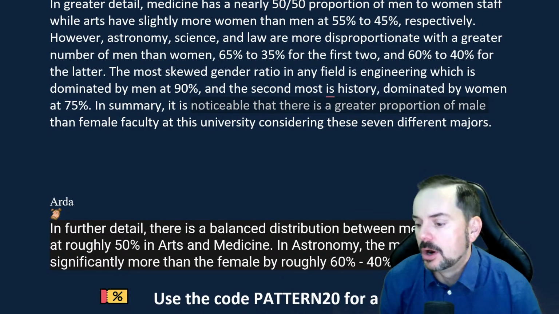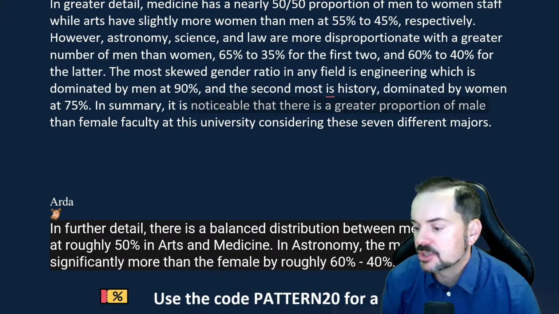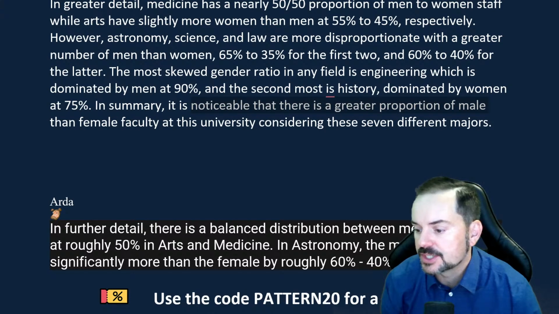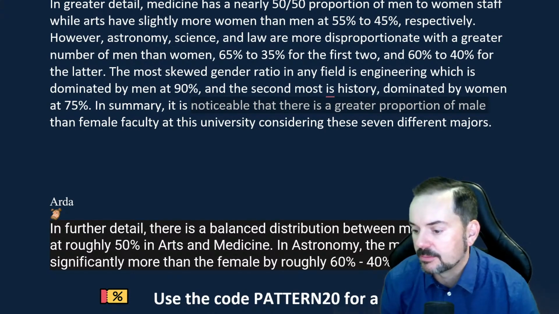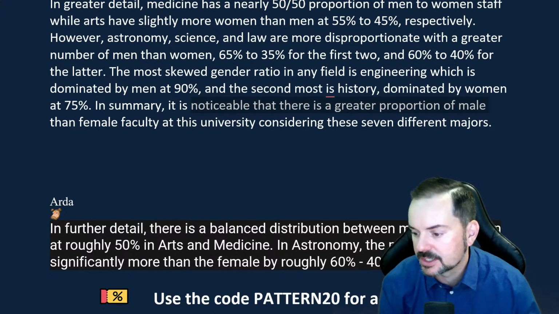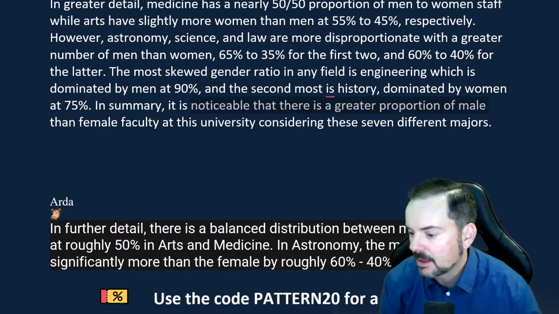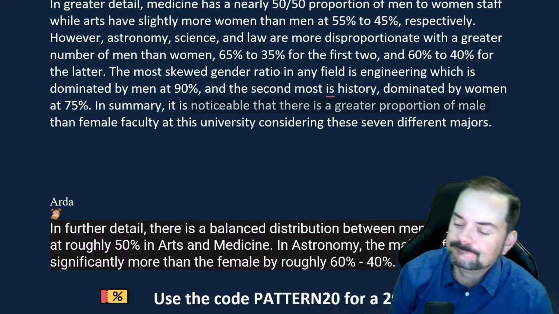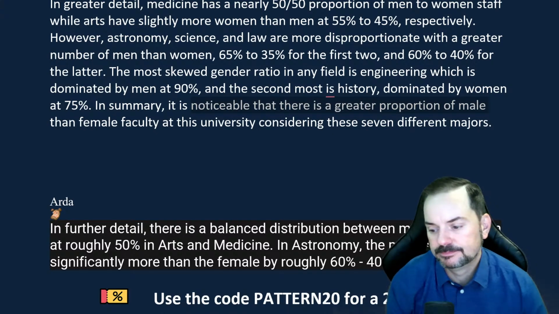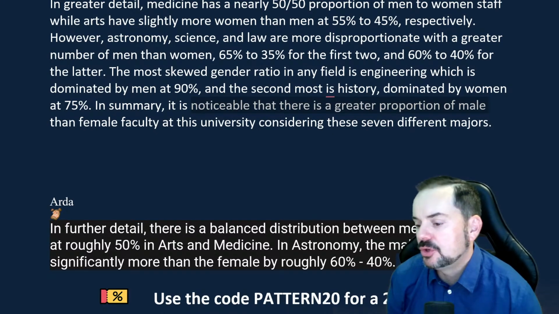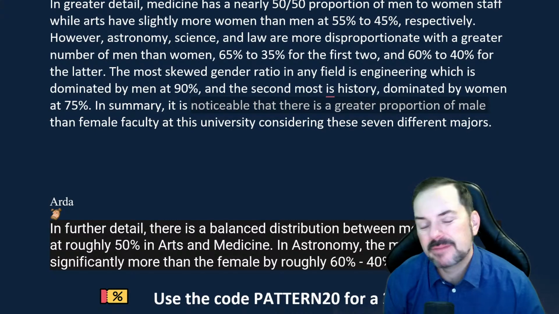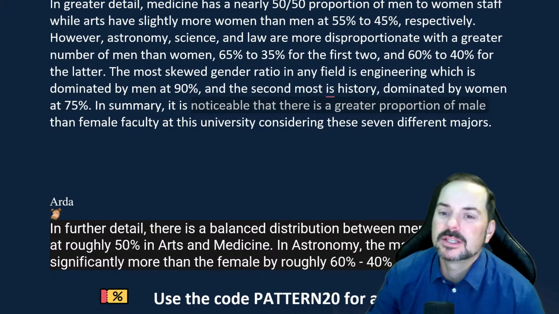Okay. Arda writes, in summary, the majors that have more female staff than male are arts, history, and medicine, while male personnel are more than females in other subjects. Oversimplification, Arda. I think you could write it that way, but medicine is so close, it's trivial.